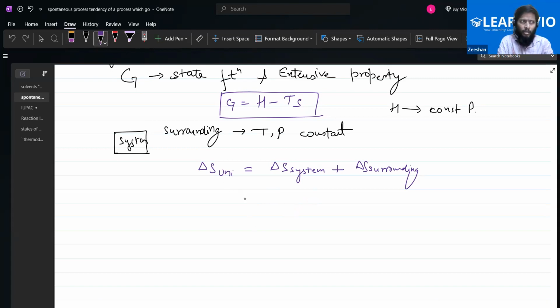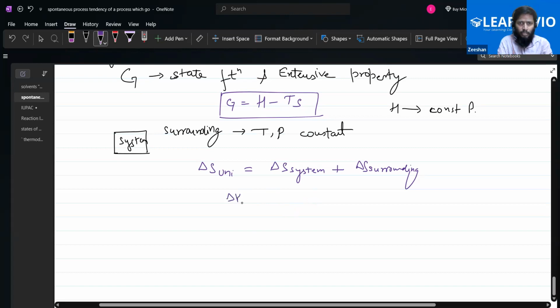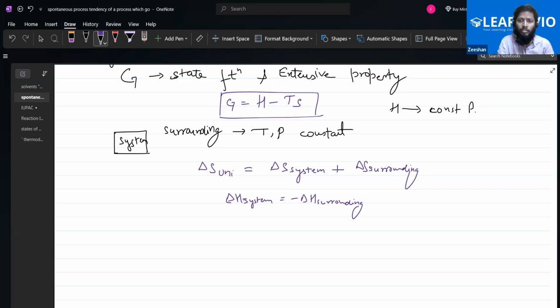See, delta H of system is equal to minus delta H of surrounding. How? The heat given by the surrounding is absorbed by the system, because in the universe there are only two things, system and surrounding.